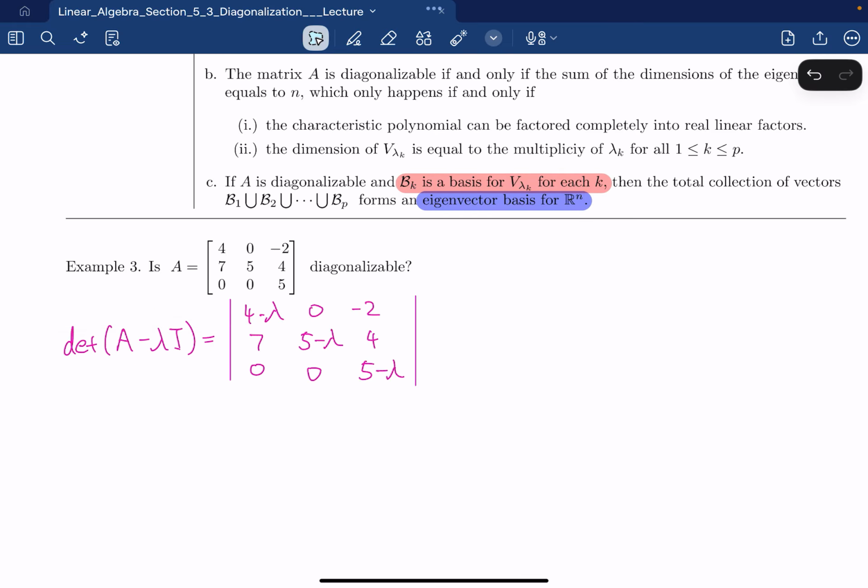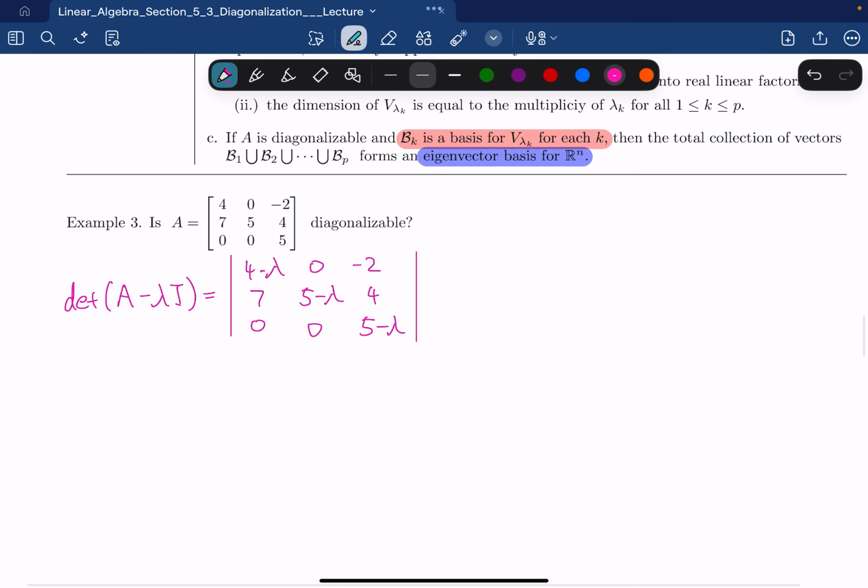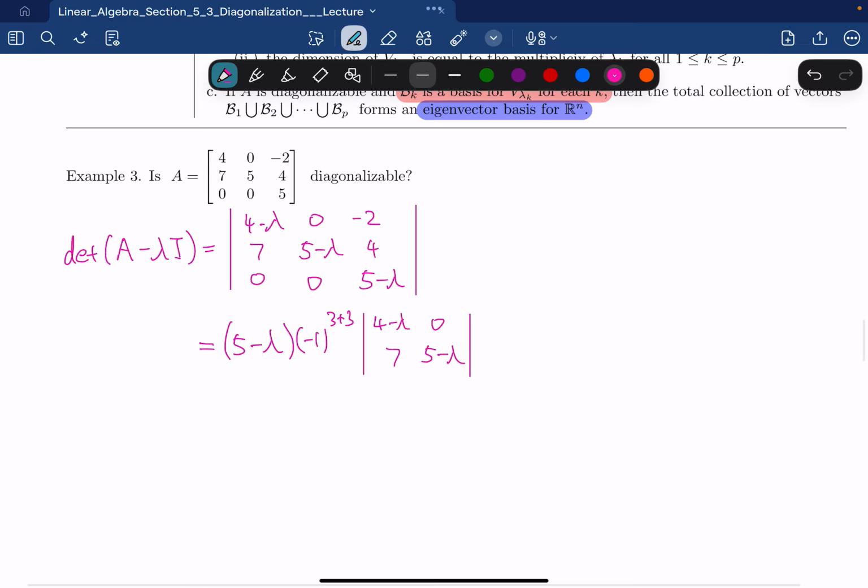And we can see that we're using cofactor expansion on the third row, third column entry, so the 5 minus lambda. Okay. And of course, our cofactor calculation, so negative 1 to the 3 plus 3 times the determinant 4 minus lambda, 0, 7, 5 minus lambda. So very similar calculation to the one we did in section 5.4. So of course, the determinant here is just going to be 5 minus lambda times 4 minus lambda times 5 minus lambda.